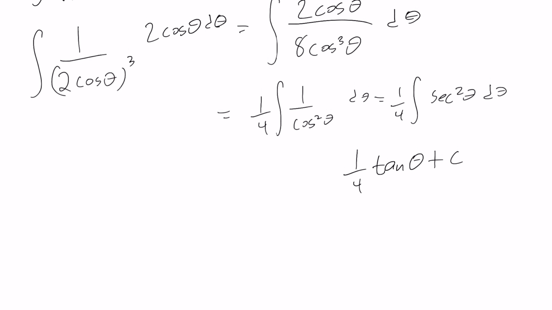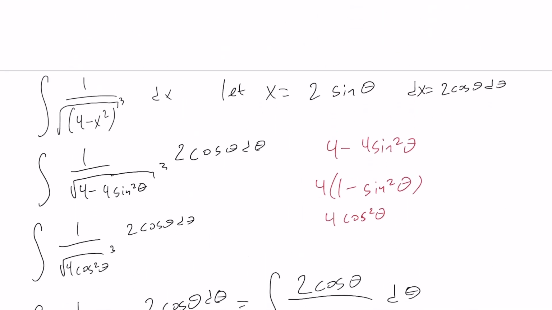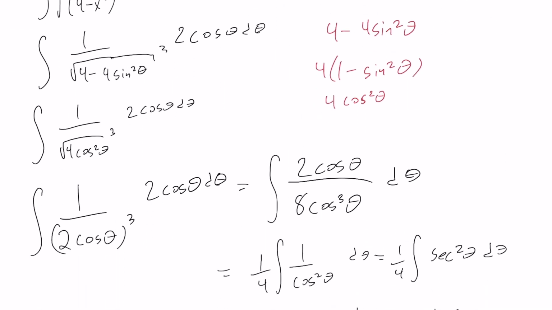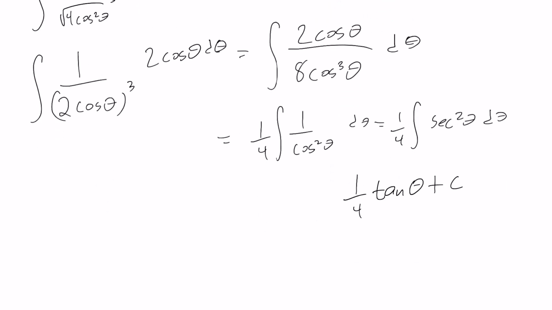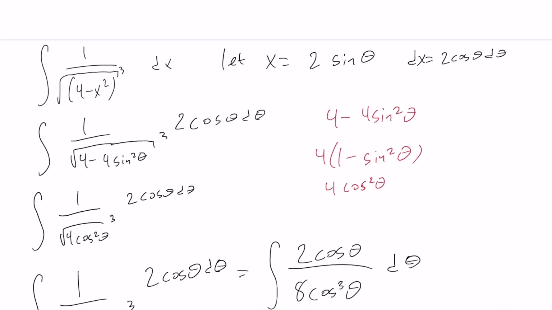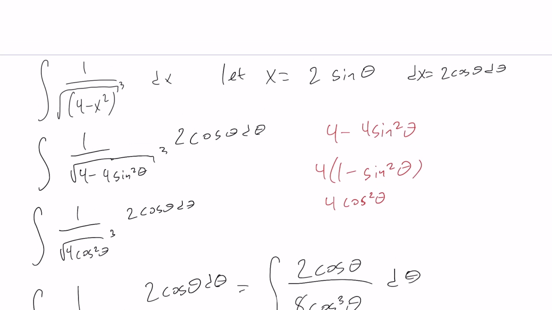So we did all this work. We set x equals 2 sine theta, and we were able to rewrite everything and get 1/4 tangent theta plus c. Now, we have things written in terms of theta. We want to get them in terms of x again, and so we're about to draw another triangle. Remember, x is 2 sine theta.